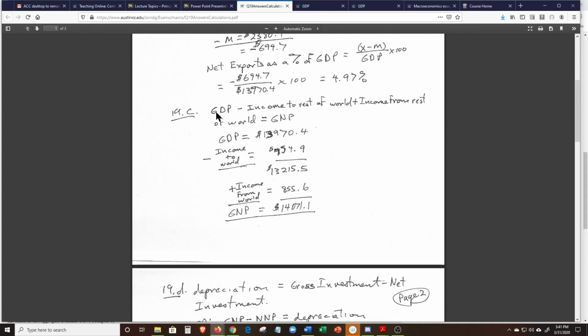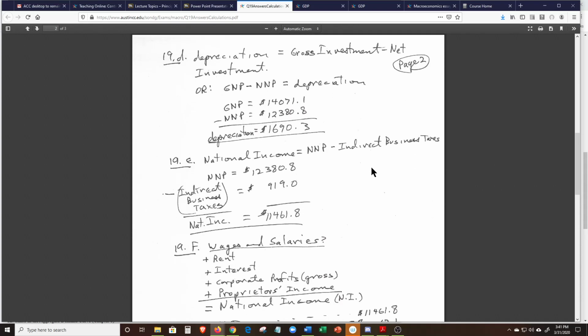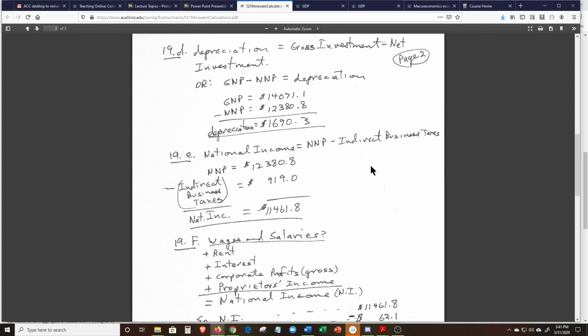So then we go from GDP to GNP. And of course, these figures were given, the income to the world, income from the world. And we can get GNP, which notice is bigger than GDP because we're getting more money from the world than we're sending out to the world, mainly income from capital.